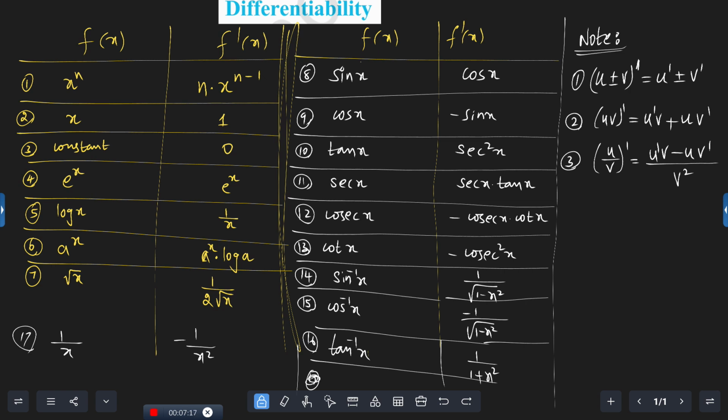Next sums we are moving. Write fast. Shall we start, Raja? Okay.